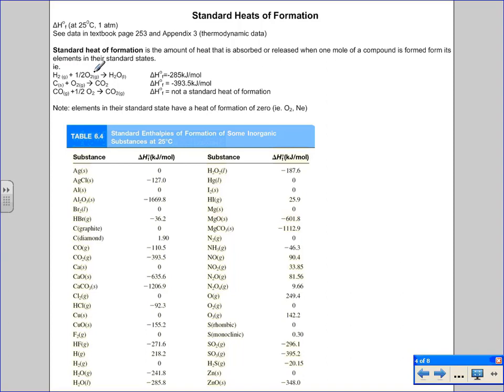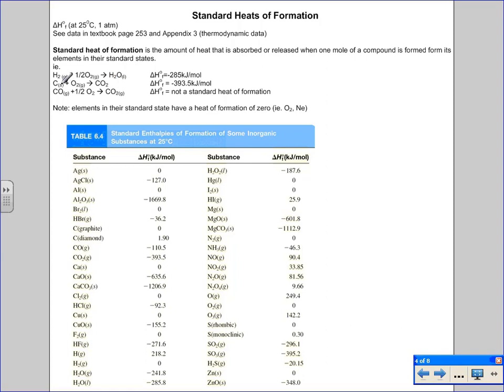Now what you'll notice with these reactions is that we often need to use fractions because we cannot change the coefficient in front of the product. We're always forming 1 mole of the substance.